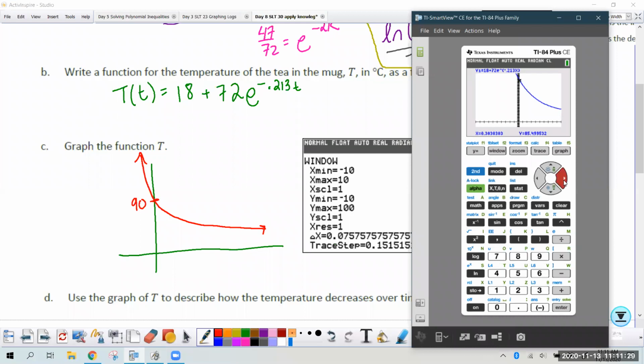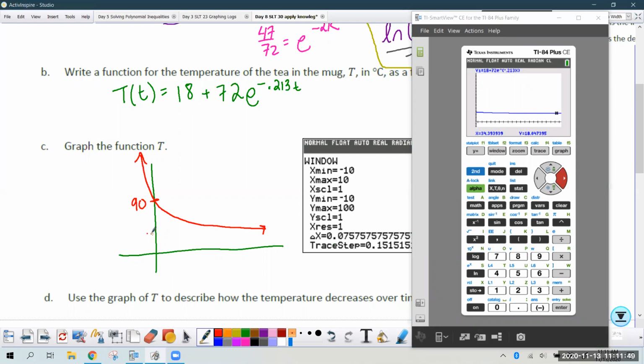So if you hold down the right arrow while you trace and look at the Y's, I should not see that Y go below 18. It's going to get really, really close to 18, but never below it, because that was that vertical translation. So we have a horizontal asymptote here at 18.